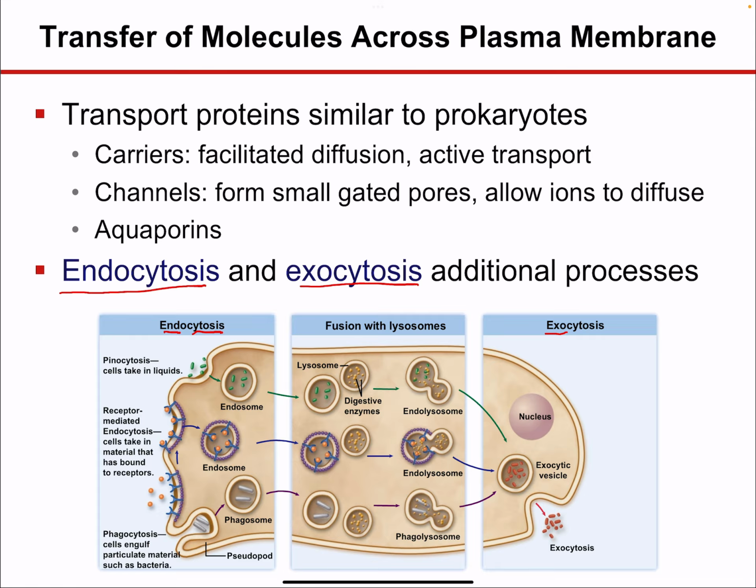All these cells have something in common. It's that they can engulf bacteria by bringing them in. You have a vesicle that forms. That vesicle is called an endosome. But before I talk about the endosome, let me go back.